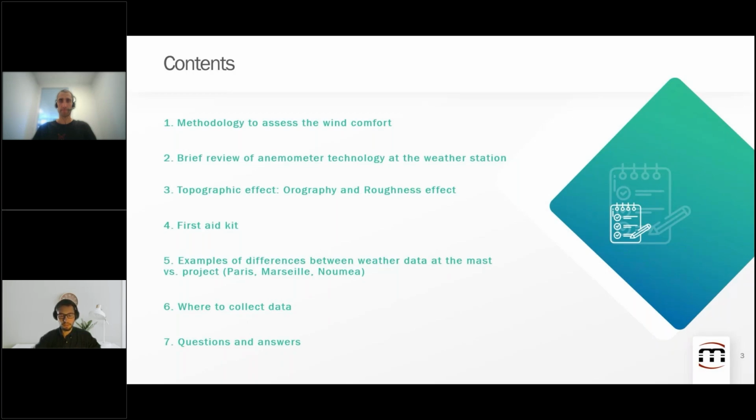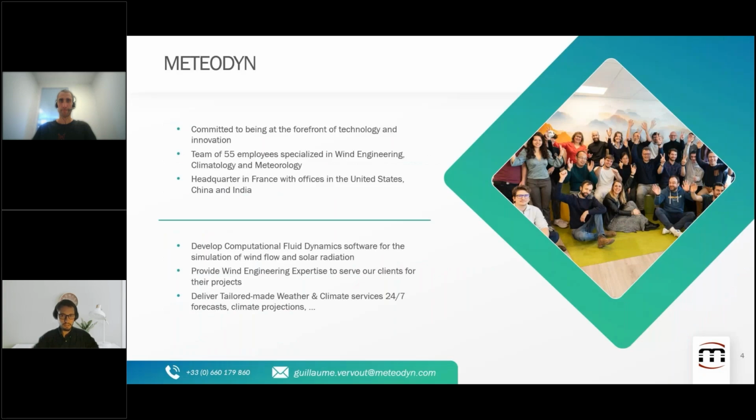First of all, I will present Methodyne quickly for those new to Methodyne software and expertise. Methodyne is a well-known company at the forefront of technology and innovation around wind engineering, climatology, and meteorology. We are based here in France, but we also have offices in North America, in India, and in China.